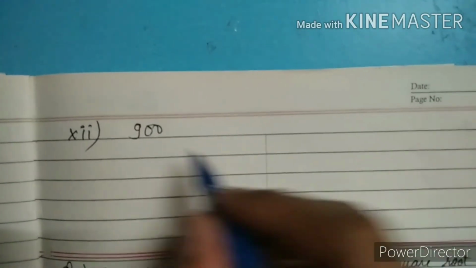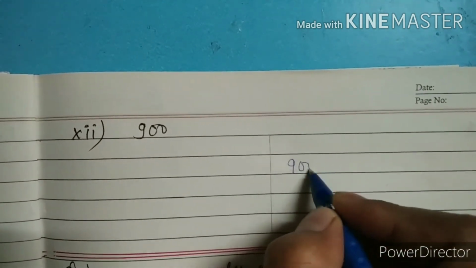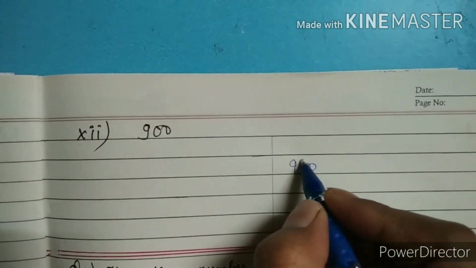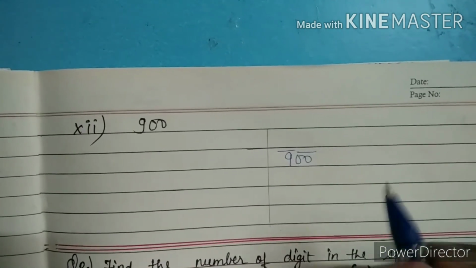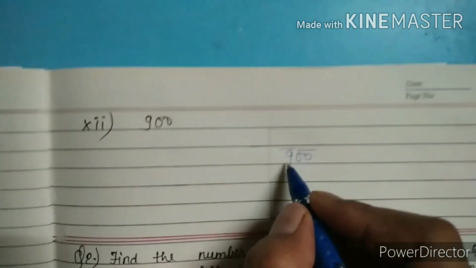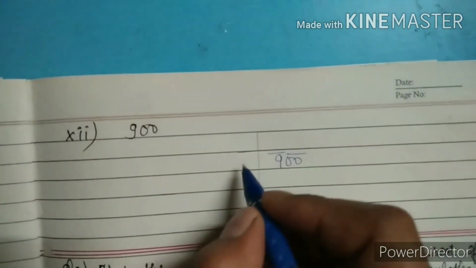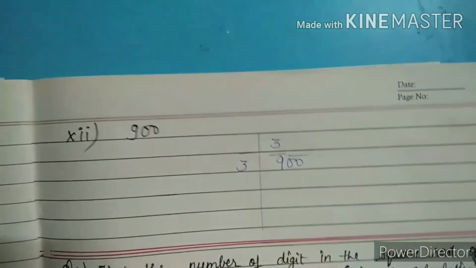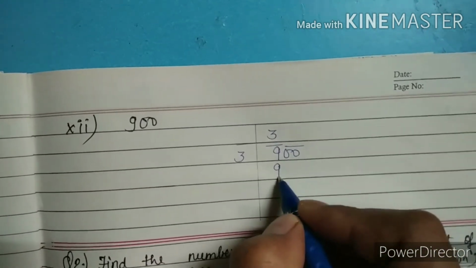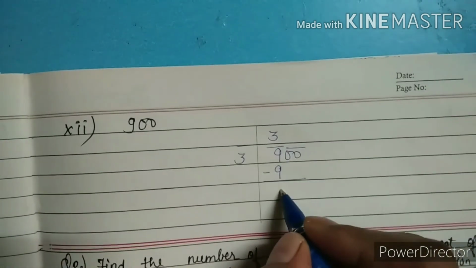Now the last question of the exercise is 900. So 900 here. Now pairing, double pair, double pair. Now 3. Now 9. 9 is the square of 3. If 3 is here, 3 will come here. 3 3s are 9. 9 minus 9 is 0.